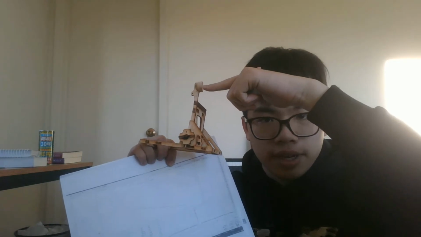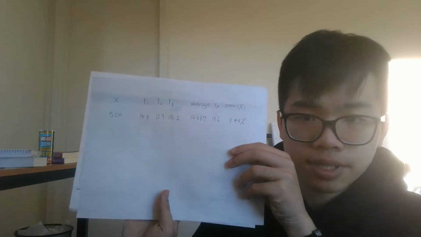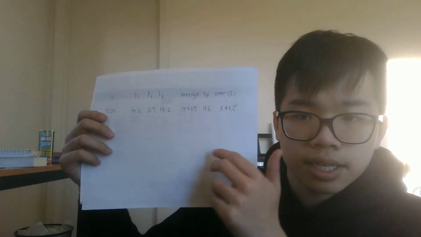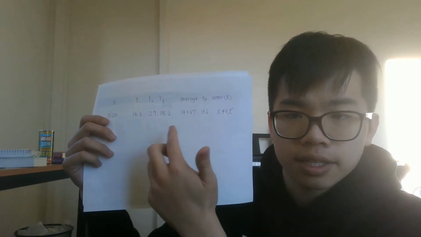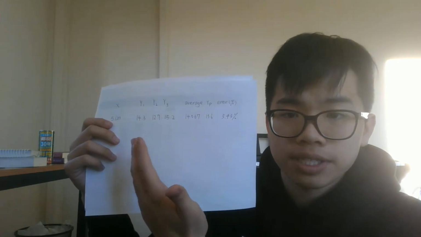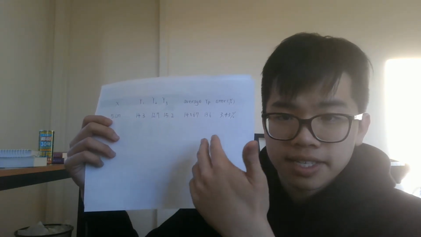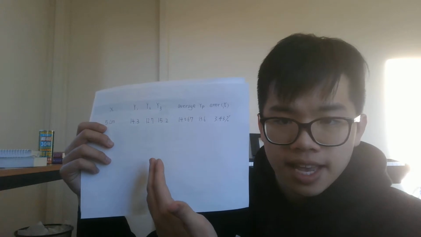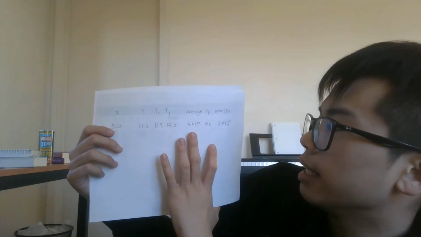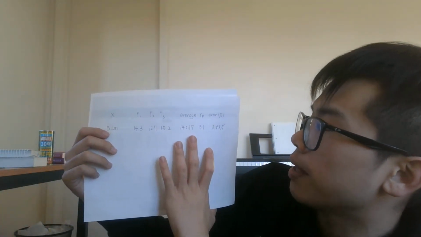There is a ball here, and we measure the distance from the first point the ball hits to the front of the system. We did 3 trials, and the first y we got is 14.3, the second is 12.7, and the third is 15.2, and the average we calculated is 14.067.